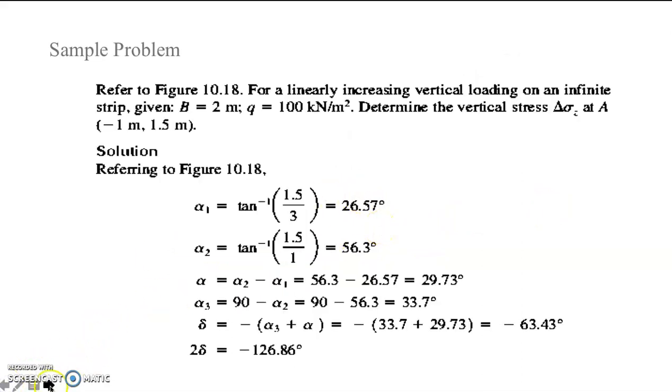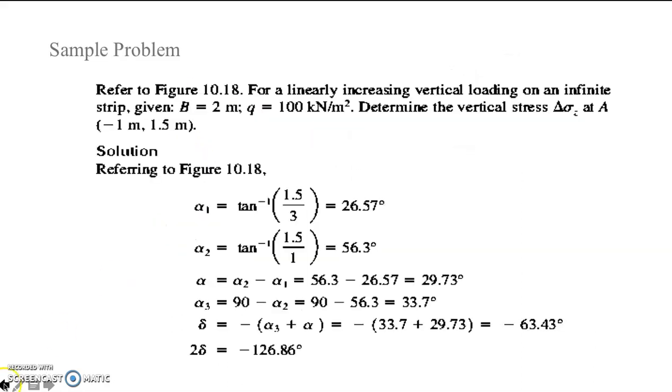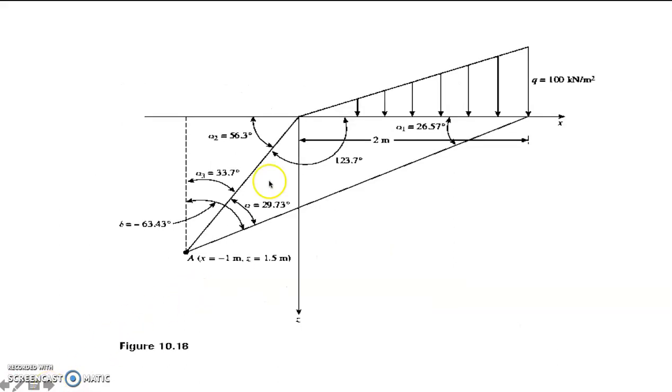For alpha 2, this is our alpha 2, that's 1. We consider this triangle for alpha 2, so y is 1.5. So arctan of 1.5 all over 1, which is now 56.3 degrees. Once we have alpha 1 and alpha 2, we can get our alpha.